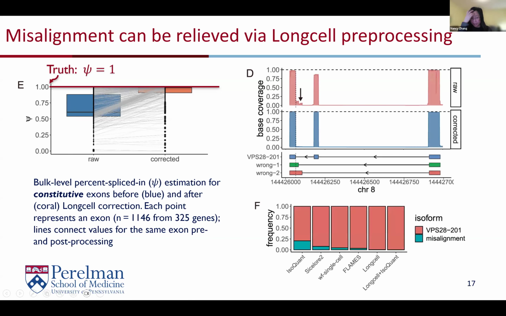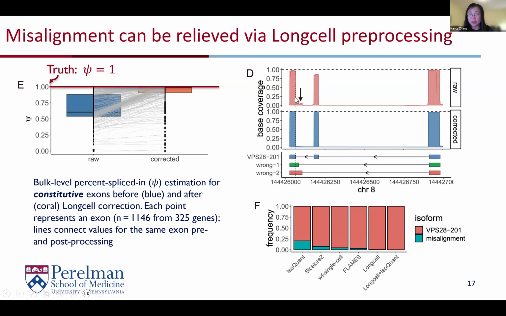And here's just one specific example of this VPS28 gene. I think this is a constitutively expressed exon, so it should always be here. But sometimes it gets wrongly mapped. This is exactly the situation I was showing you, where a small exon gets wrongly mapped because of sequencing error.